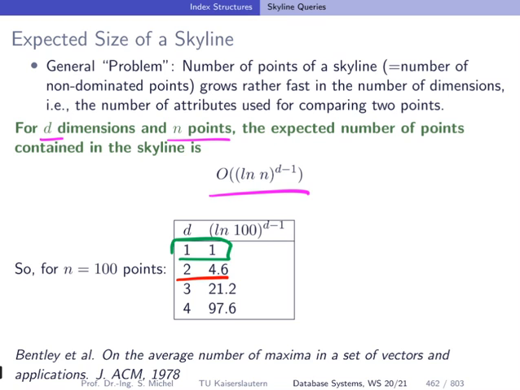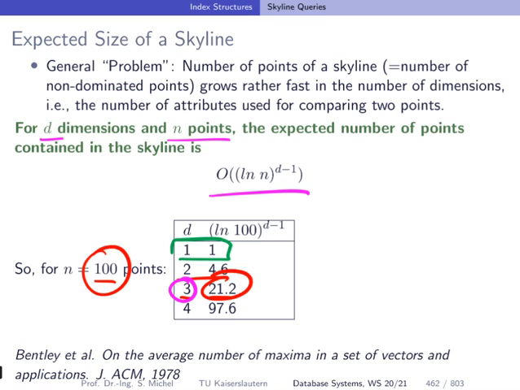Here you have two dimensions and you see that the expected number of skyline points for 100 objects is already 4.5. And if you go to 3, we have 21. So a fifth of these 100 points are in the skyline.